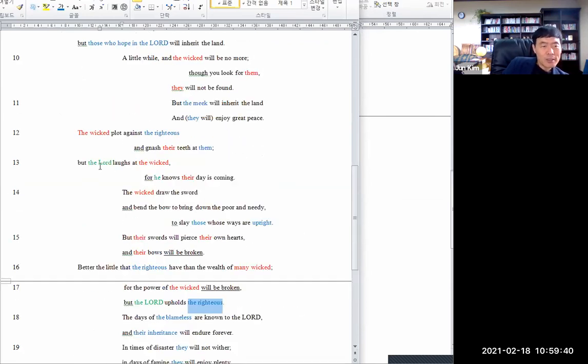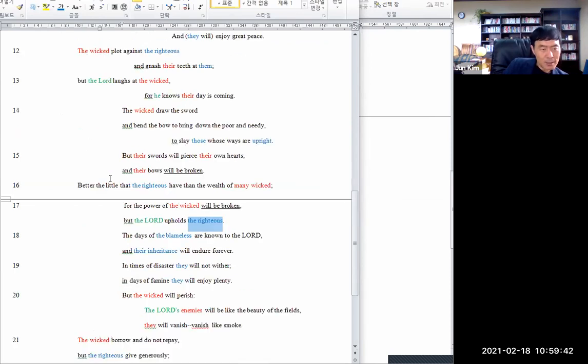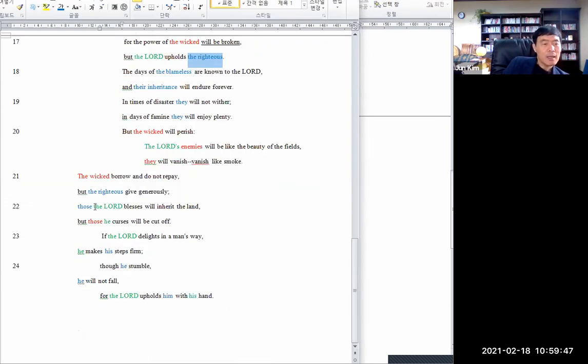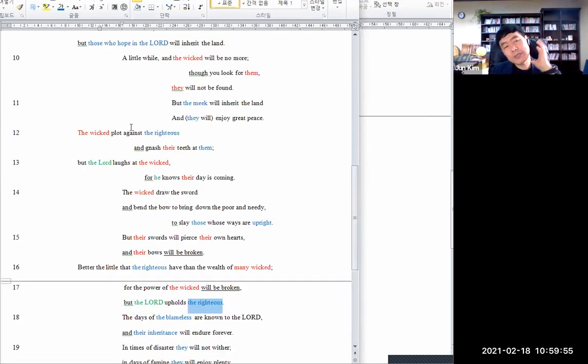The Lord laughs at the wicked and he makes his steps firm. The Lord makes his step firm. So I think you can just clearly understand what the evildoers are doing, what the righteous are doing, and what the Lord is doing here.